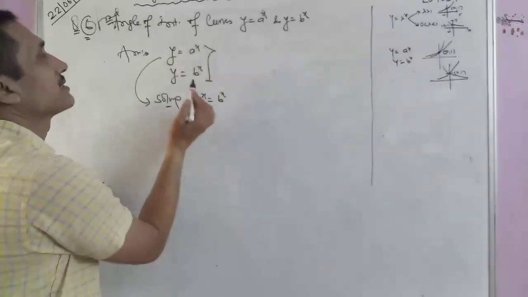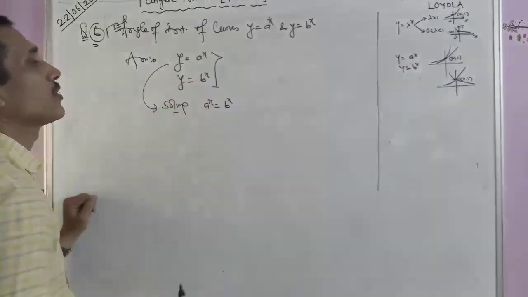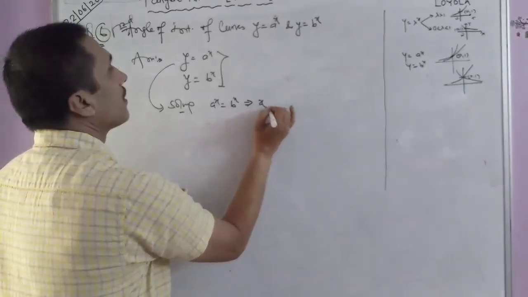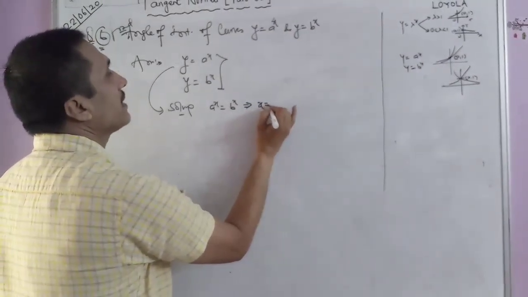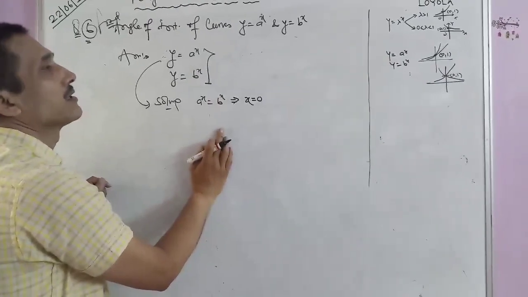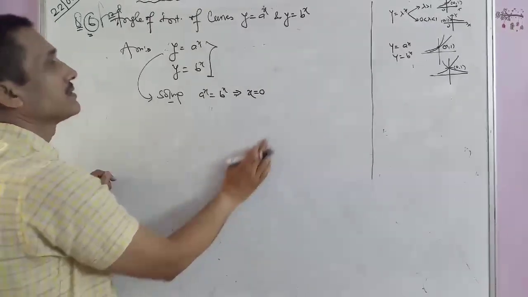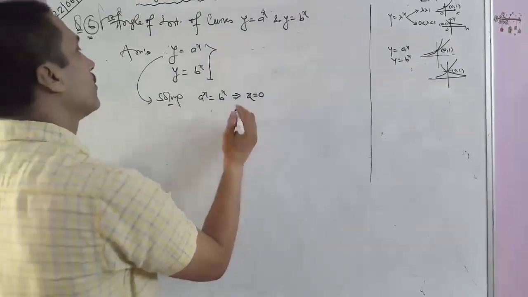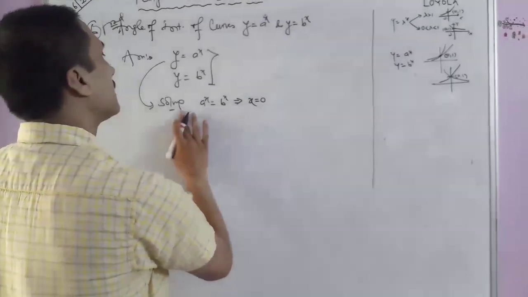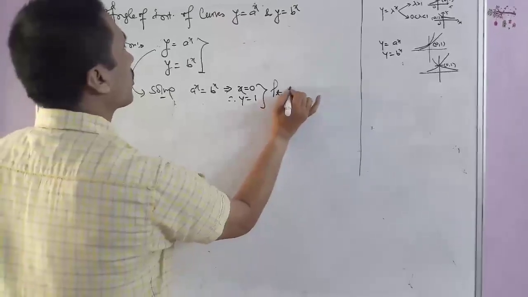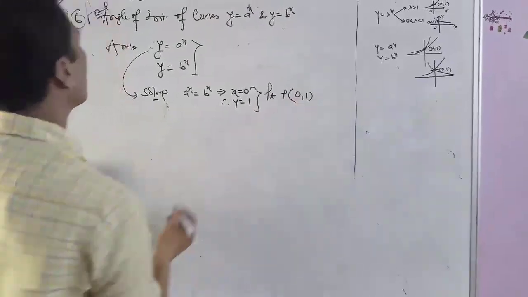In the exponential function we know a and b are positive. Here clearly the only value of x will be 0, for which a to the power 0 is 1, b to the power 0 is 1. When x equal to 0, y equal to 1. So the point of intersection is P(0, 1).